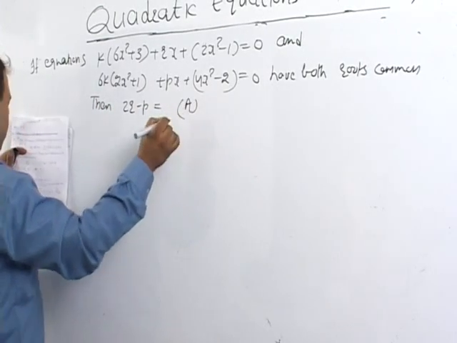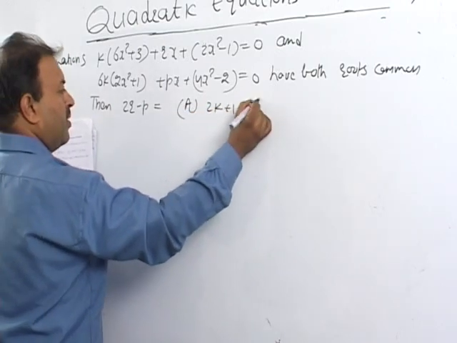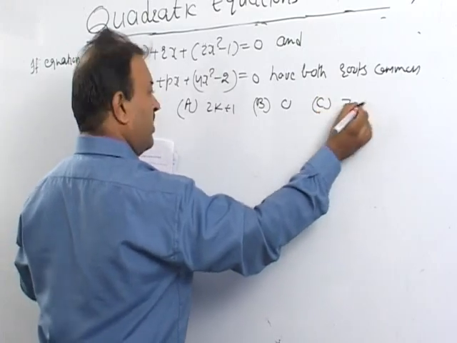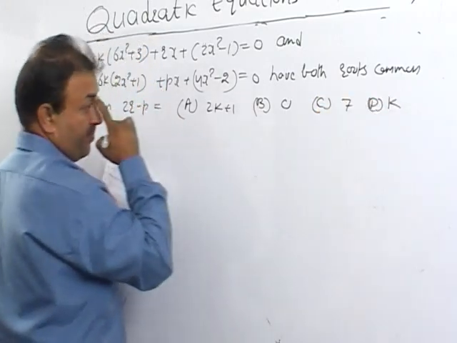A option is 2k plus 1. B option is 0. C option is 7 and the D option is k.